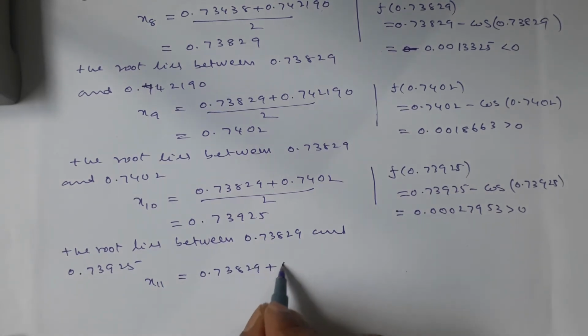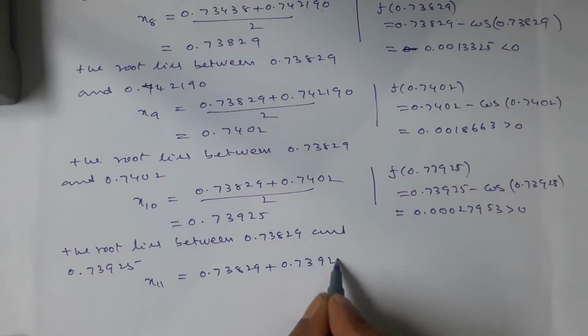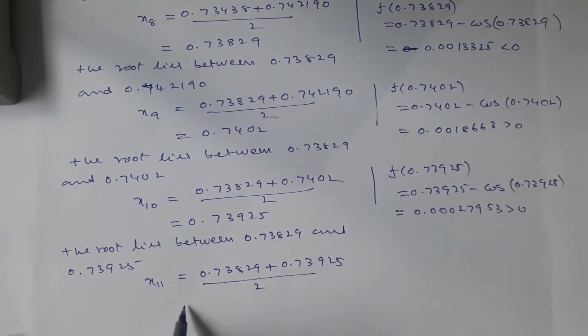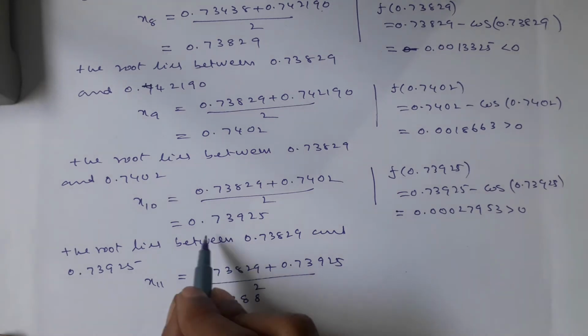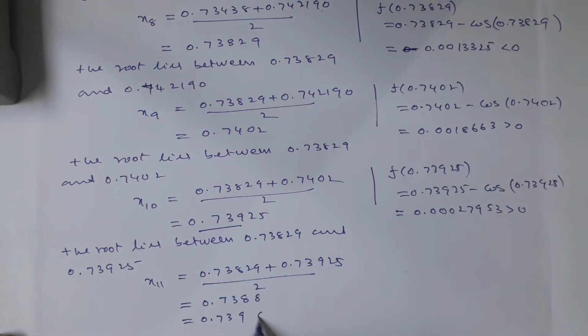x11 is equal to (0.73829 plus 0.73925) divided by 2, which is approximately 0.739.